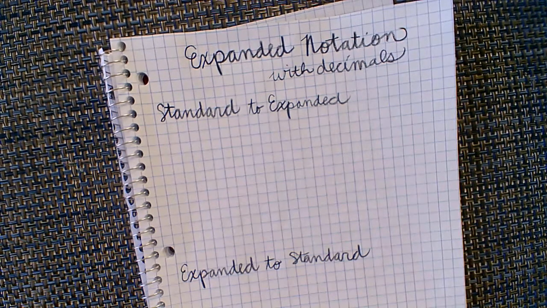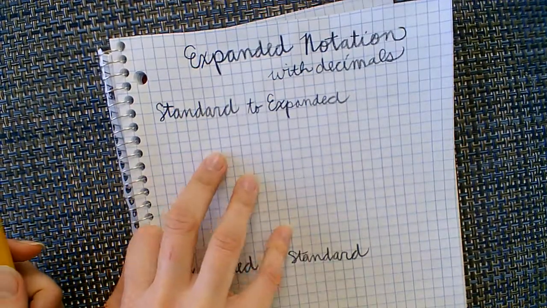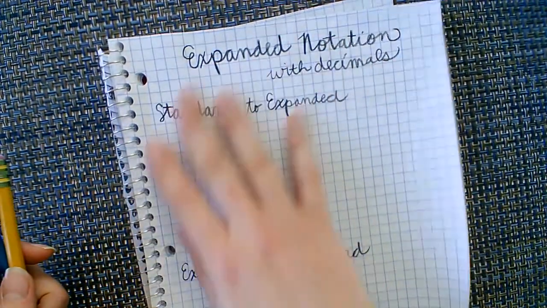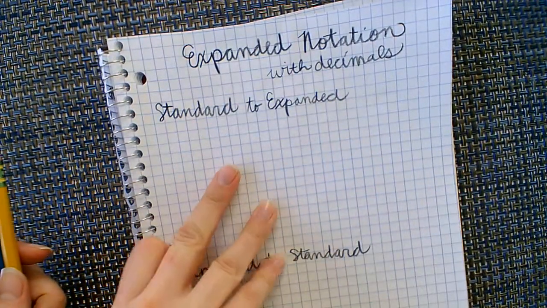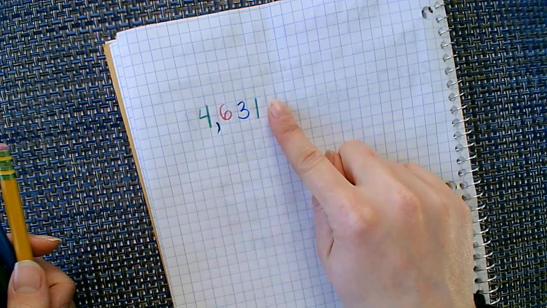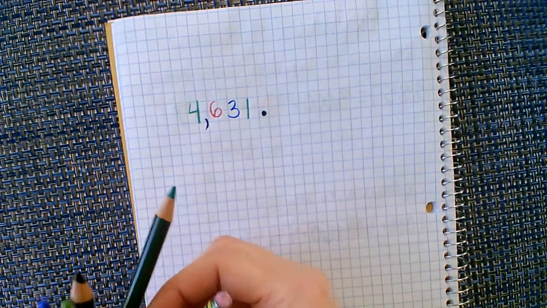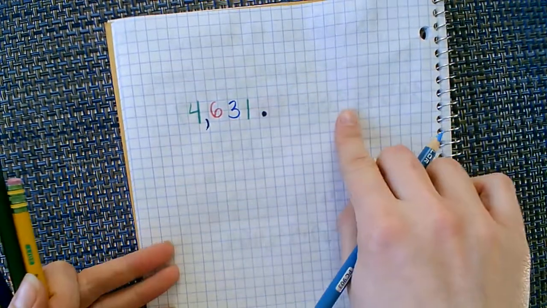Let's take a look at expanded notation, this time with decimals. So before we get started into what all of this means, we're going to look at a number, 4,361. Now let's say I add a decimal point here, and I'm going to add in some decimals.